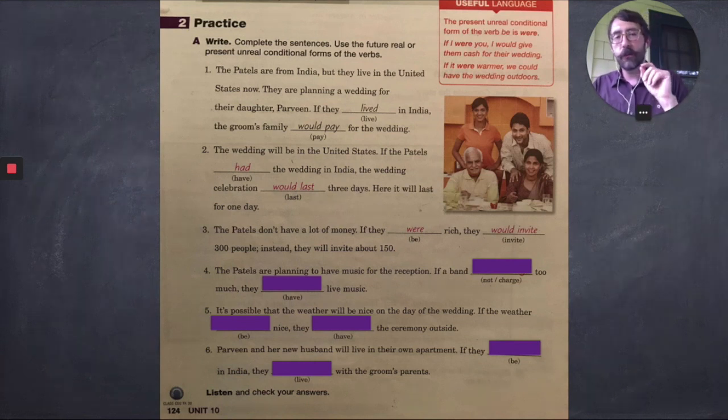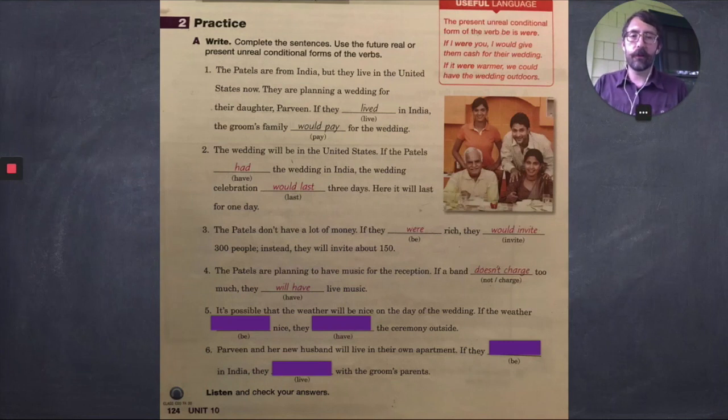And if we're in the future real and we're using not, look back at the top of your page on the left column. If Jane doesn't have to work, so we're going to use if a band doesn't, and then charge. We're just going to use the simple present. So if a band doesn't charge too much, they will have live music.